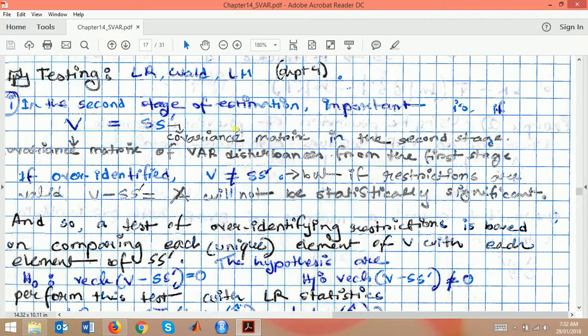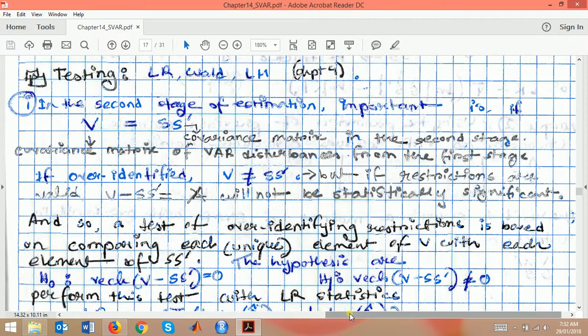In the second stage of estimation, important is omega, SS transpose, the covariance matrix of VAR disturbances from the first stage.